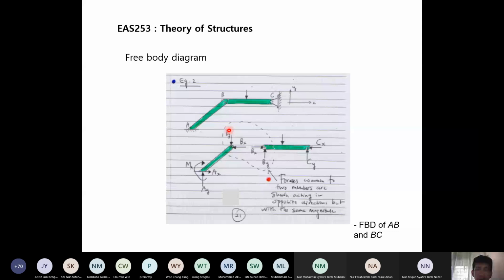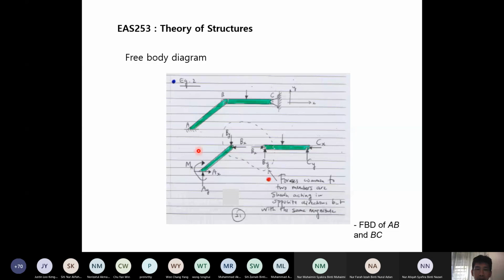B and B have the same magnitude and opposite directions. So these are forces common to 2 members. This member is connected at B, shown acting in the opposite direction but with the same magnitude.